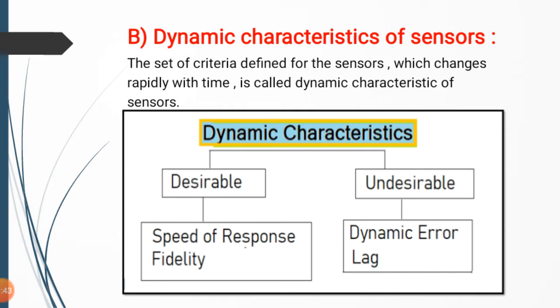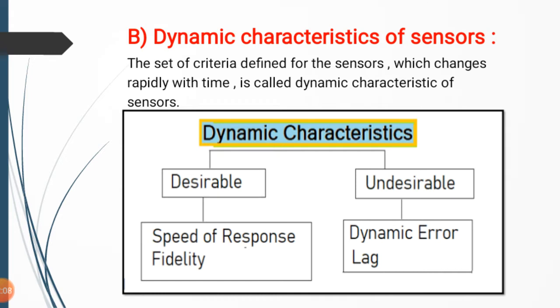But in dynamic characteristics, the set of parameters defined for the particular sensor changes rapidly with time. That means there is a variation in that parameter or set of criteria with time.